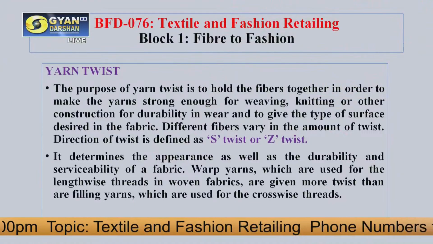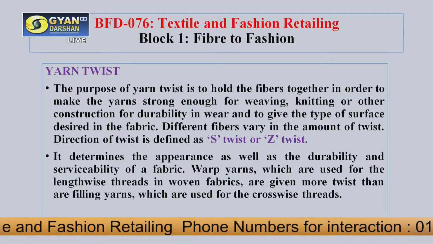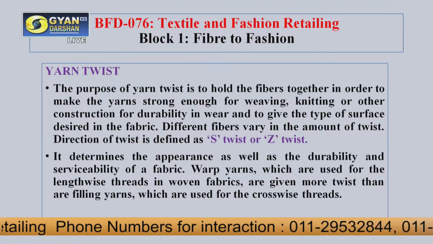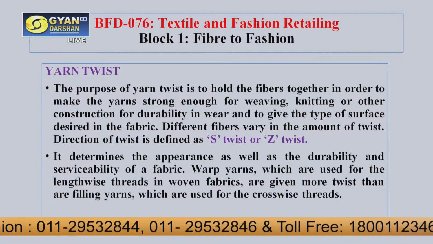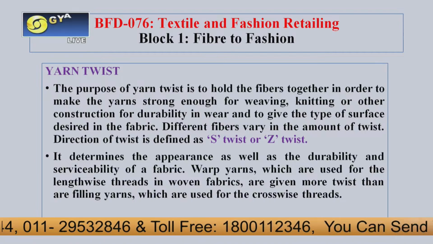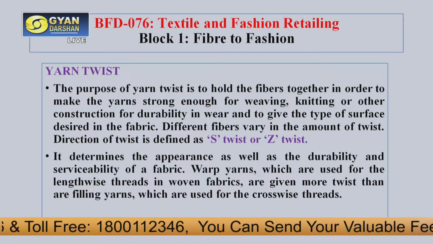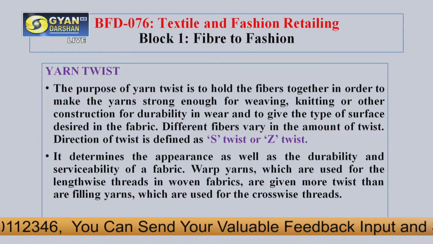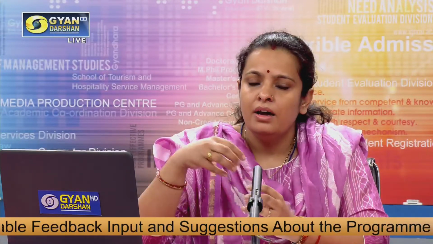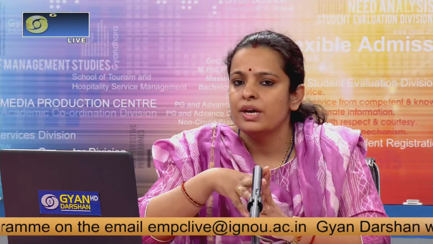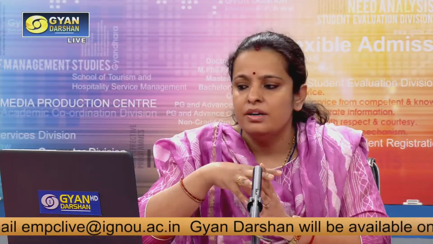Then what is yarn twist? Earlier we were discussing that the characteristics depend upon the twist which is given to the yarn. The purpose of yarn twist is to hold the fibers together in order to make the yarn strong enough for weaving. Because if we have fibers and want to make them into thread or yarns, how will we do it? To combine the fibers together, we take the help of a method called twist.